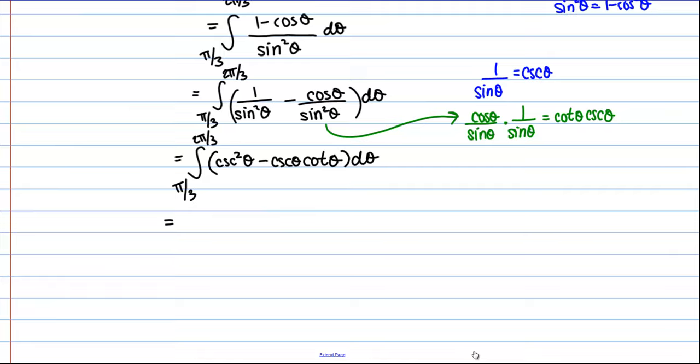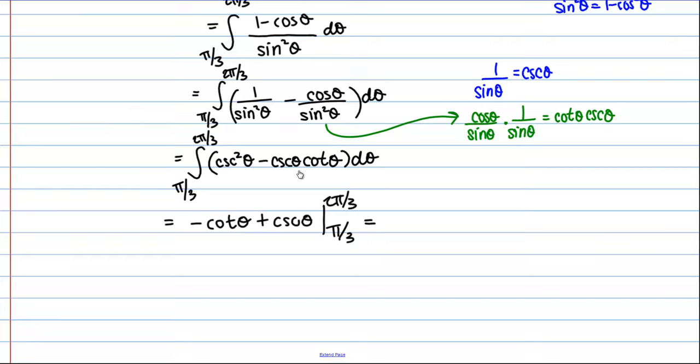So here I'm just going to get negative cotangent of theta, and then the antiderivative of cosecant theta cotangent theta is negative cosecant theta. So minus a negative is going to give me a positive cosecant theta. And then I'm evaluating from pi over 3 to 2 pi over 3.